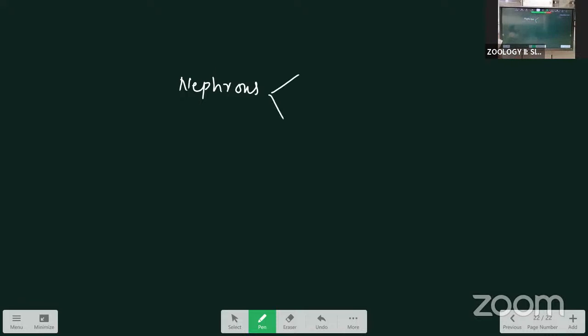Depending upon the presenting region, two types of nephrons are there. One is called cortical nephrons.